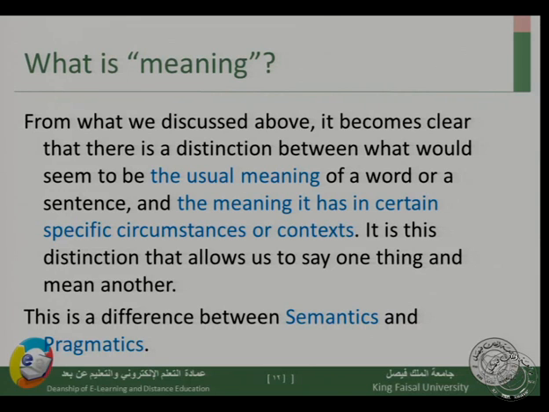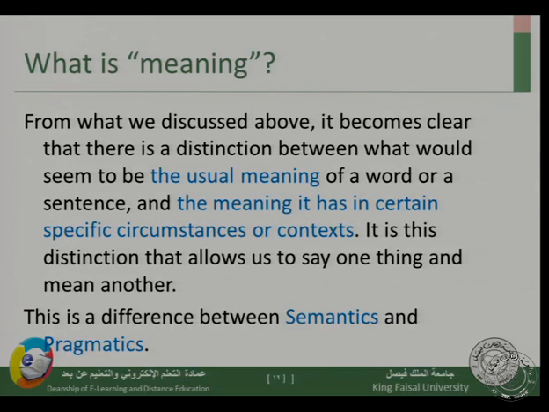We're going to give a definition of pragmatics in a bit, but if you involve the situation or the context in meaning, you are talking about pragmatics. If you're talking about meaning in general, independent of the context, you're talking about semantics. This is the difference between the two.